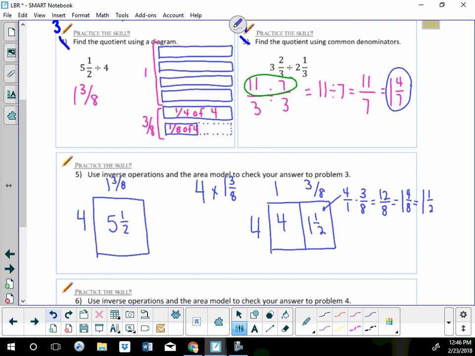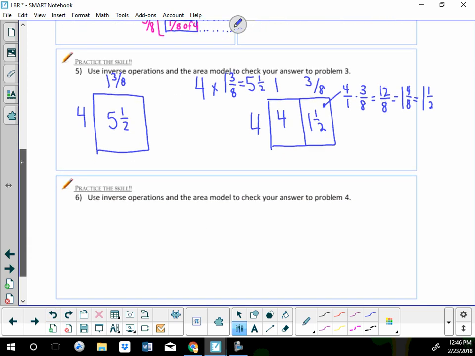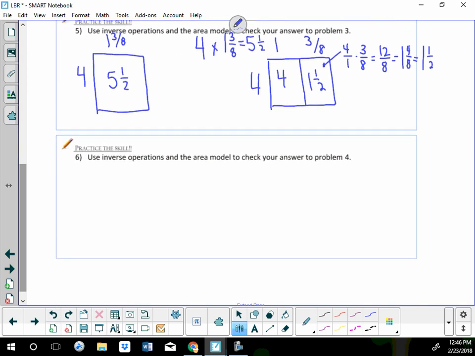Phew. All right. Now our next one has us also use an area model to check our answer to problem number 4. So in this problem, we said that 3 2/3 divided by 2 1/3 was equal to 1 4/7. Okay, so let's use our inverse operations to make sure this is correct.